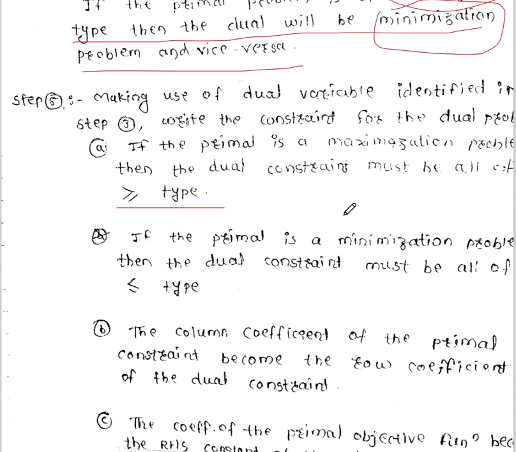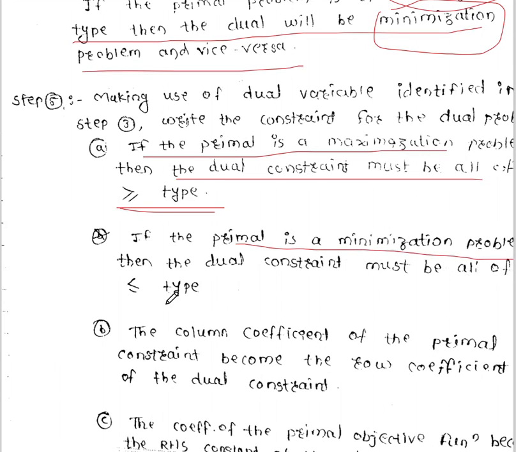Understood? Second, if the primal is a minimization problem, then the dual constraints must all be of less than or equal to type.